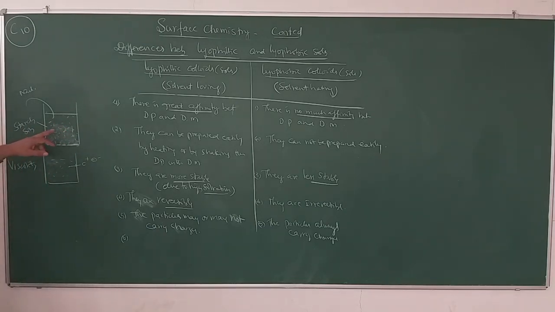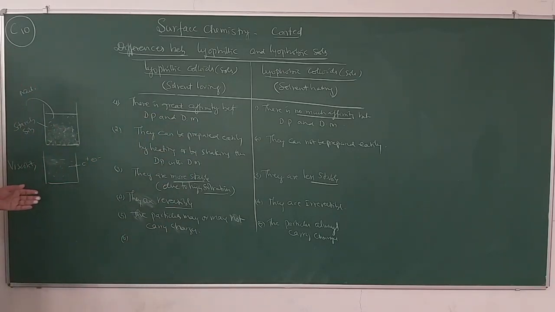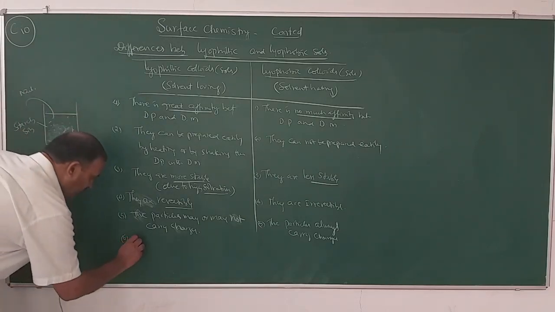This happens in case of lyophilic colloids. So in lyophilic colloids, the viscosity of the colloidal solution is greater than that of its solvent. Whereas in case of lyophobic colloids, viscosity of the solution is almost similar to the viscosity of the solvent.